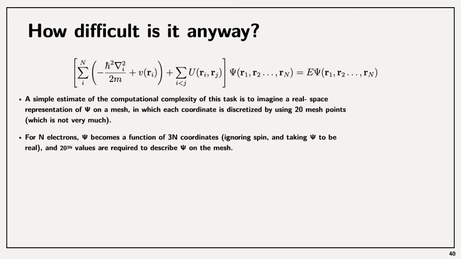Imagine now that you have, let's say, n electrons. Each electron, of course, has 3 coordinates, x, y, and z. I'm not even going to worry about the spin here.